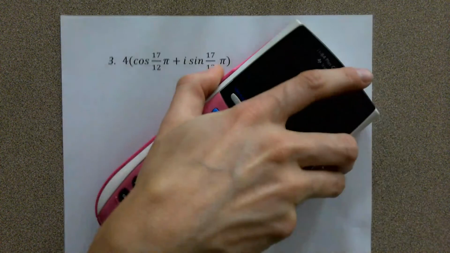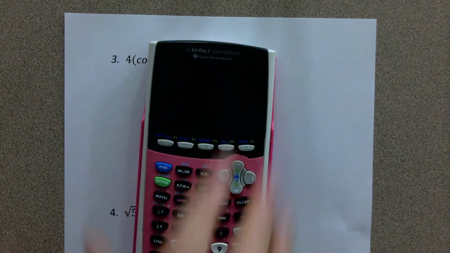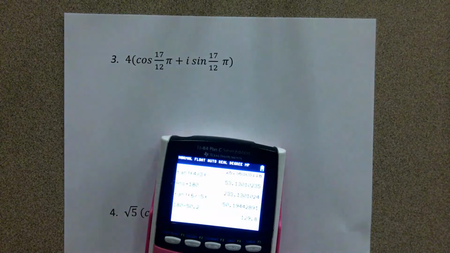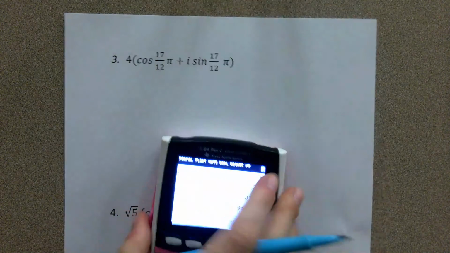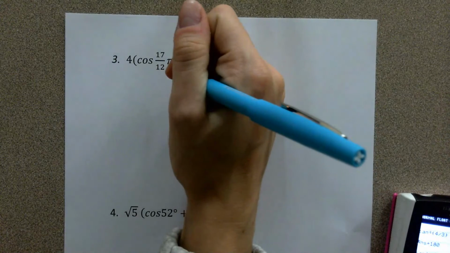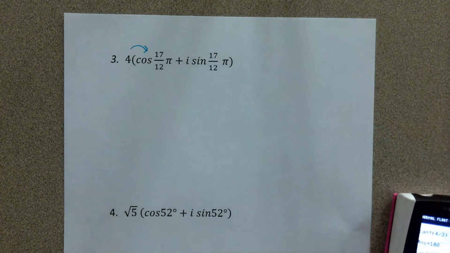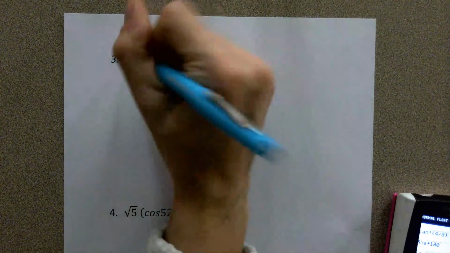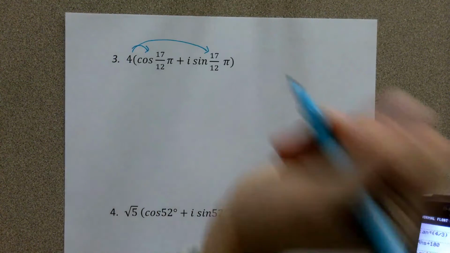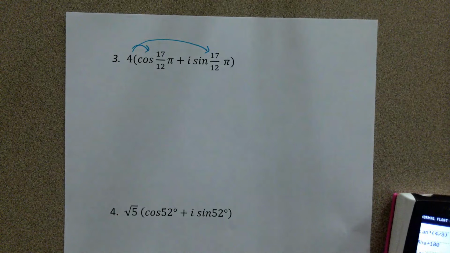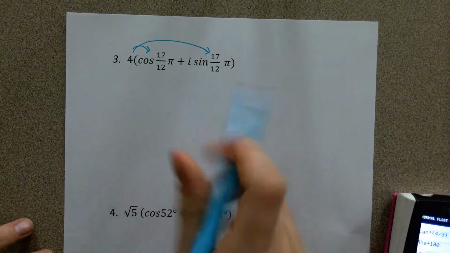And all you're going to do is pull out your calculator. What we are going to do first is technically distribute this through, but only to your number. Let's do it this way.